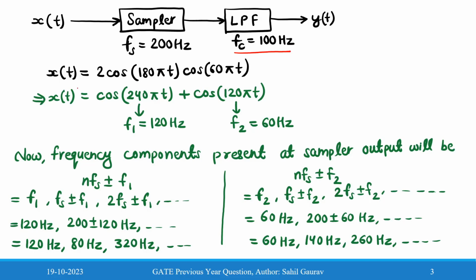We are given the input signal as 2 cos(180πt) cos(60πt). Therefore we get x(t) = cos(240πt) + cos(120πt). This comes from the relation 2 cos a cos b = cos(a+b) + cos(a−b).